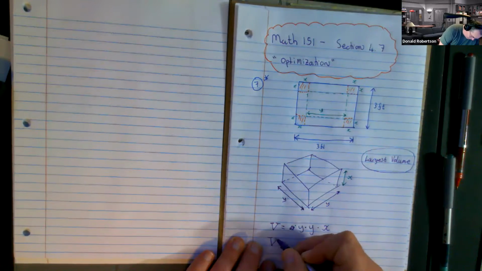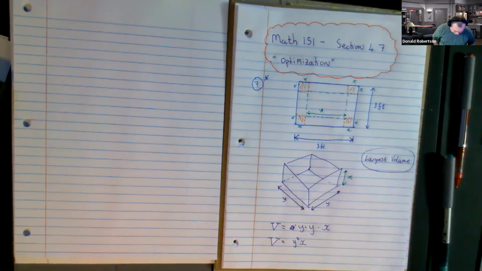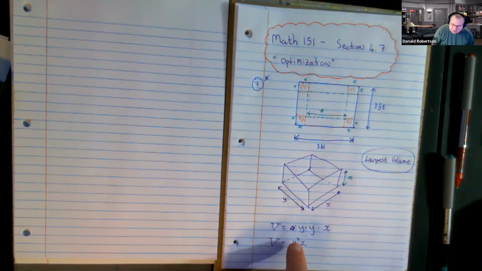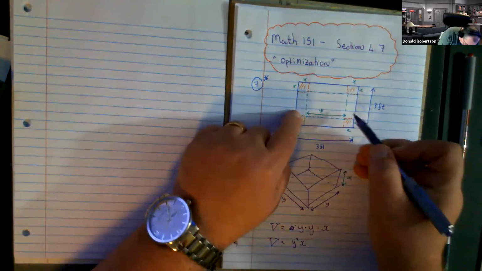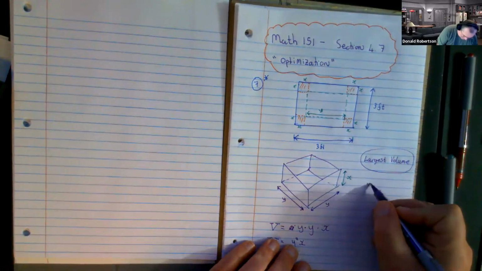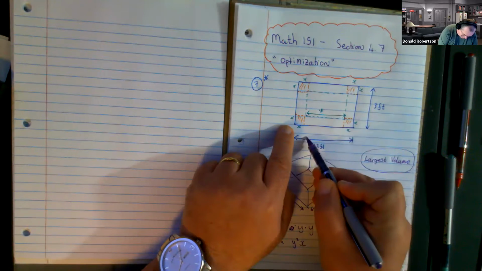And so the volume of this box is going to be Y squared X. So far, so good. Now, I need to make sure that this finishes out being only X's. And if I look at my picture and I look at the distance I call Y, is it that distance there, Y.